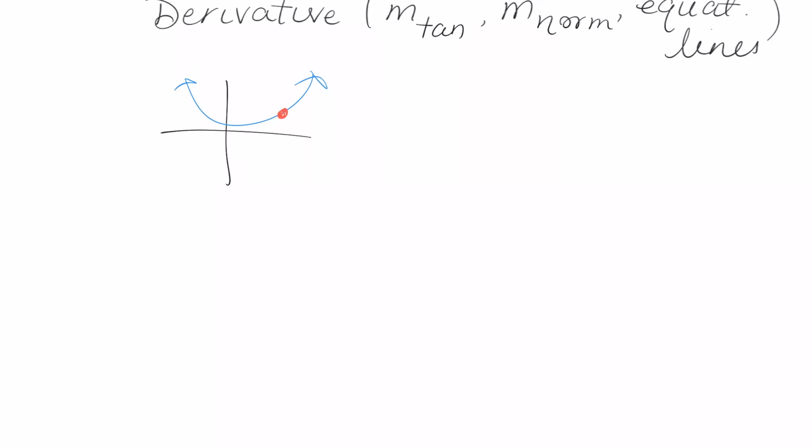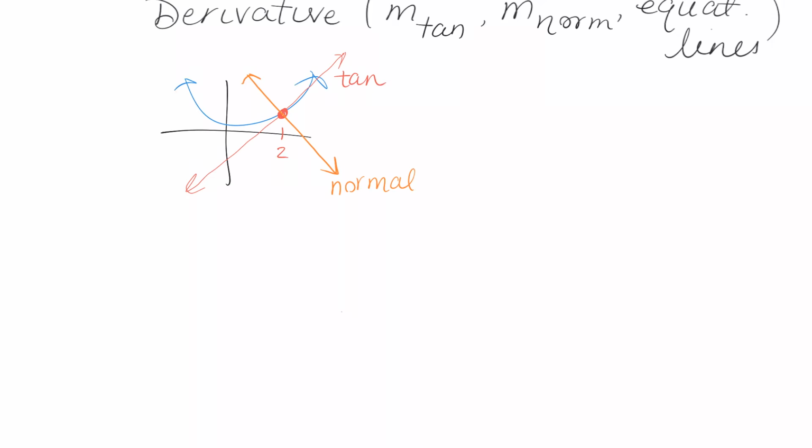So if we're looking at what's happening with the slope when x is 2, we can draw a tangent line at x equals 2, and tangent means it only crosses one point. We can also draw a normal line, which is perpendicular, remember? So this is our normal line, and the red one was our tangent line.